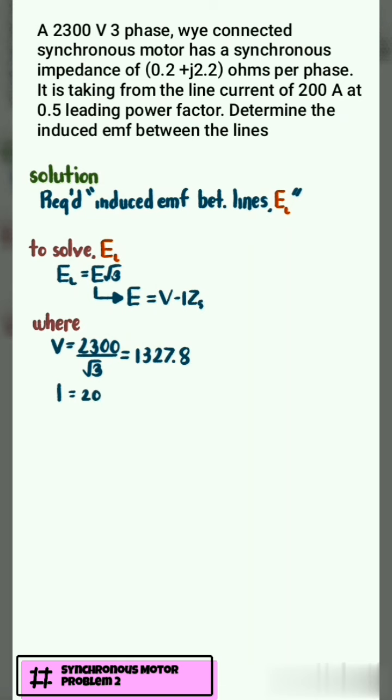And the current of 200 at the angle of cosine raised to negative 1 of 0.50 equals to 60 degrees.